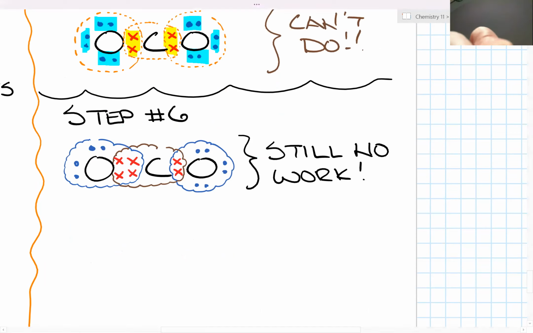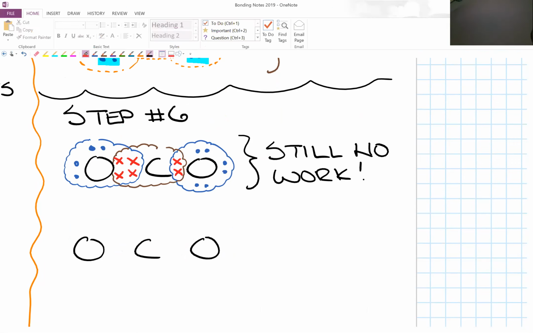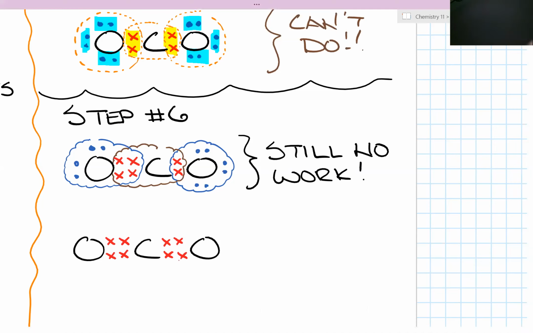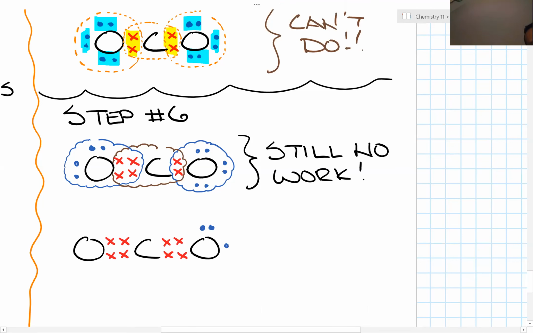Okay, so let's go here. Again, oxygen, carbon, oxygen. So we have 1 shared pair on either side. Let's double up on either side. And now we go, 1, 2, 3, 4.